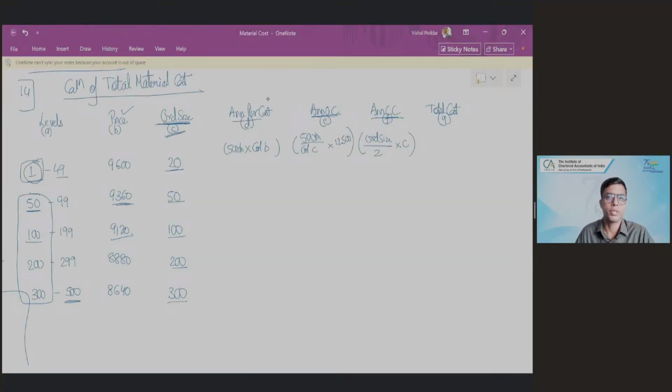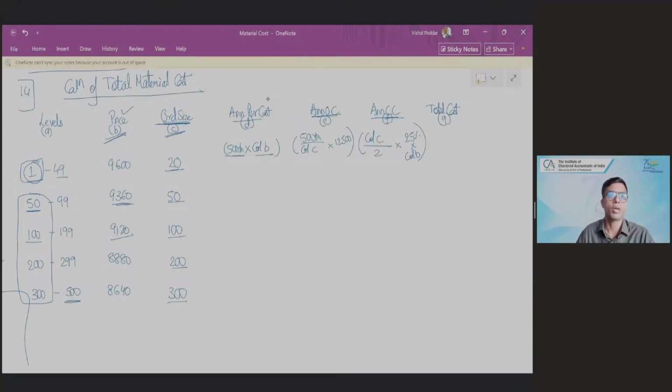Similarly, carrying costs. It is again order size, which is column C, upon 2, into C. How much is C? They are saying carrying cost is 25%. Now we know 25% multiplied by what? Multiplied by price. So it will be column B. So I'm doing the same thing, students, but here I have now substituted the values.